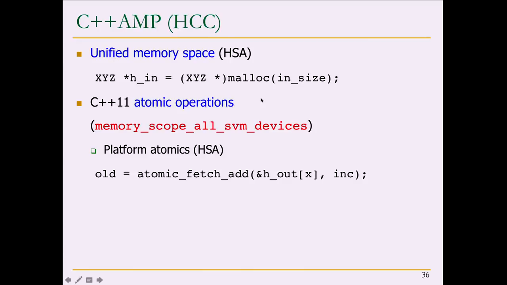It is even simpler in C++ AMP because we just need to use malloc, but afterwards this H-in can be accessed from CPU, from GPU, or from any other device that could potentially deploy also these heterogeneous features. In HSA, instead of talking about system-wide atomics, we talk about platform atomics, but they are essentially the same. And as you see, the syntax is also C++11, so it's equivalent.